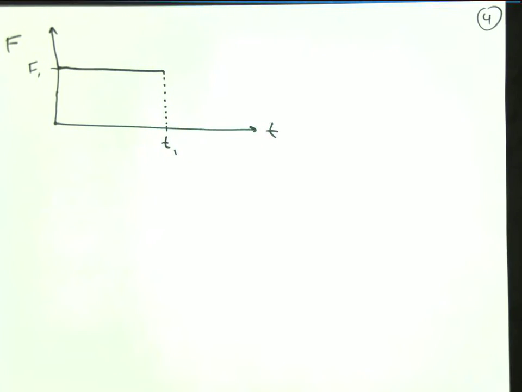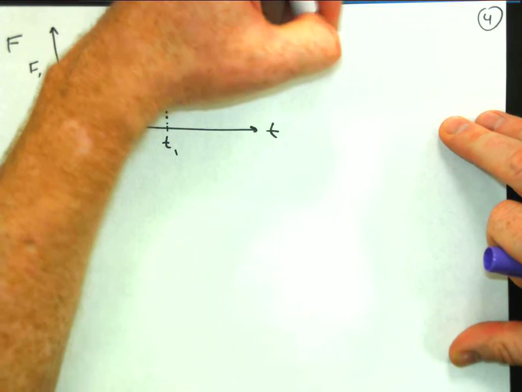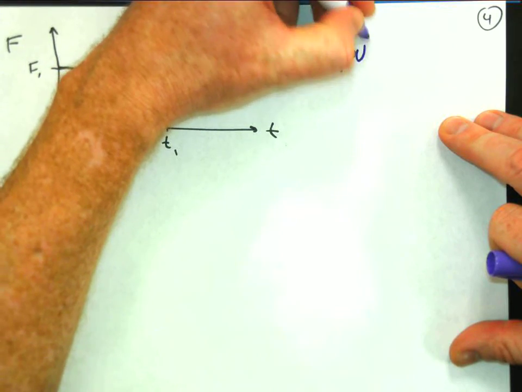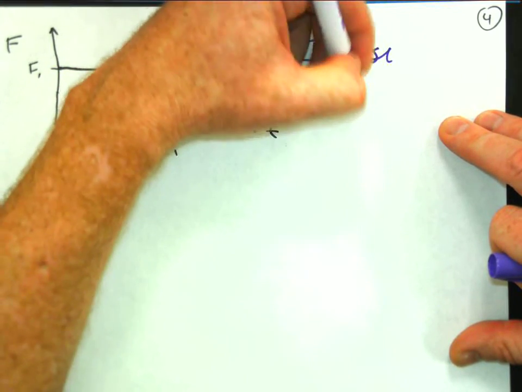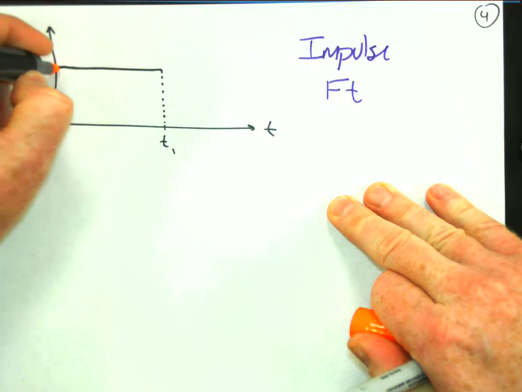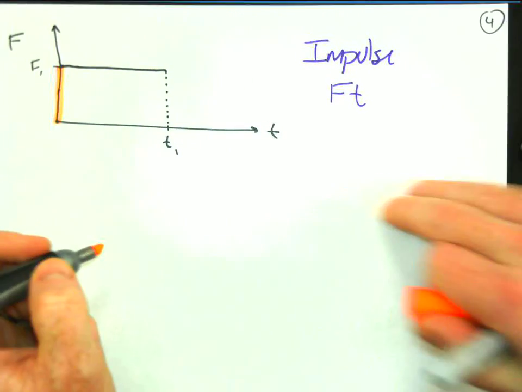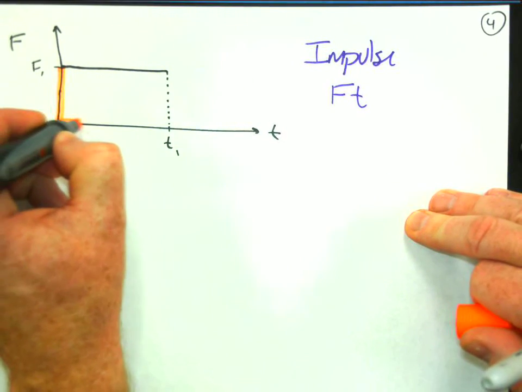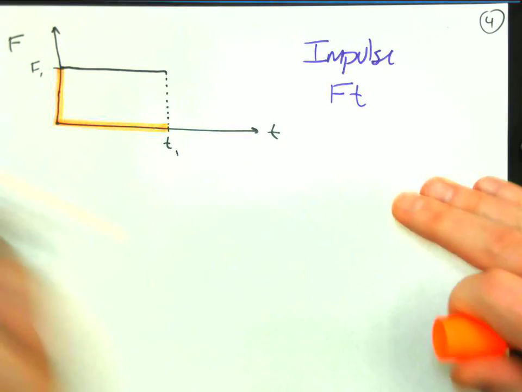So look at this. What do we have going on? We know we've been studying impulse, and impulse is force times time. So if we take this quantity here, which is the amount of force, and we take this quantity here, which is the amount of time, and we multiply, you know what we're doing?